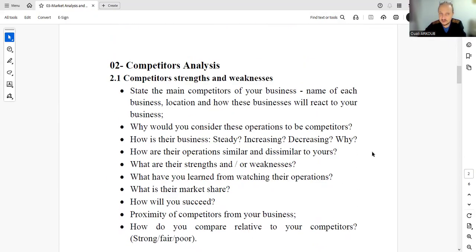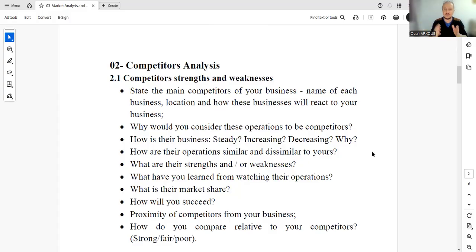The second element is competitor analysis. The first part of this analysis is competitor strengths and weaknesses. First, state the main competitors of your business: the name of each business, the location of each competitor, and how these businesses will react to your business.